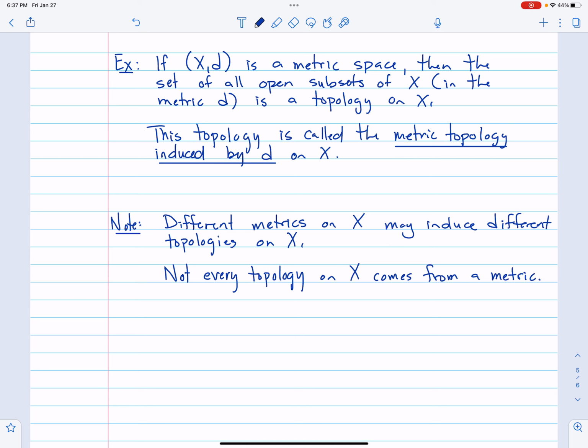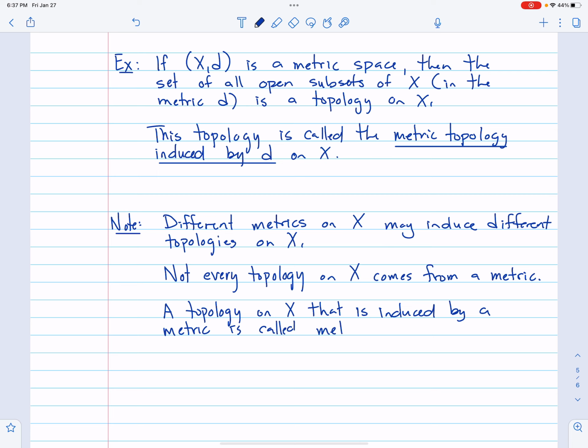A topology on X that is induced by a metric is called metrizable. So if you have a topology and there is some metric that you can write down that induces that topology, then we say that topology is metrizable.